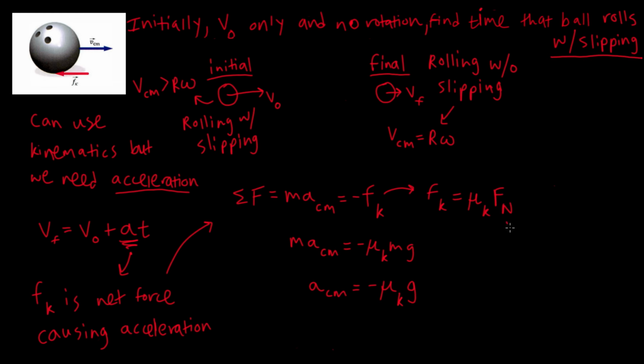And so going back to the formula for the force of kinetic friction, Fn is just equal to the normal force, which is mg. So this is the formula for the acceleration of the center of mass.